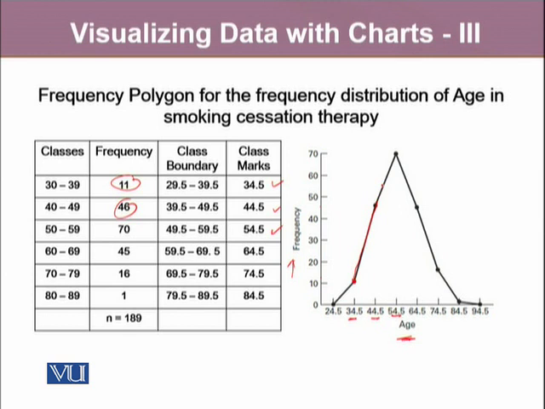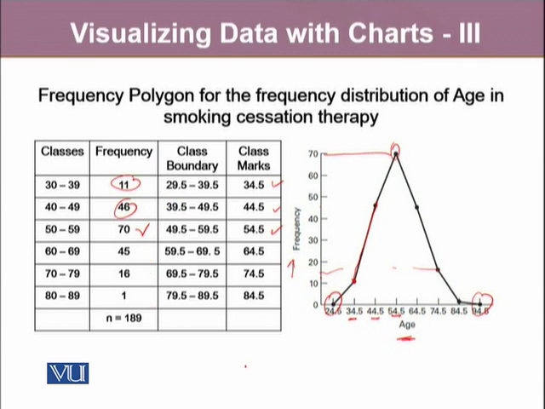Over here, the frequency polygon shows us that 54.5 has the maximum frequency, and no doubt it is 70, which is the maximum frequency here, and 34.5 having frequency 11, and 74.5 having frequency almost 16. And for 94.5 and 24.5, we do not have any value in our data.